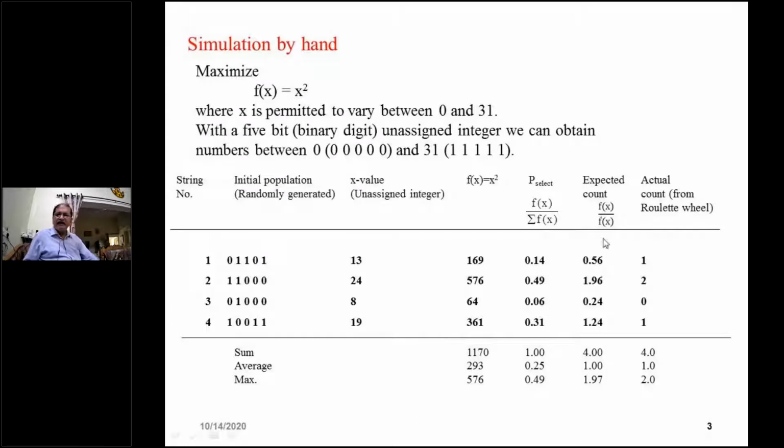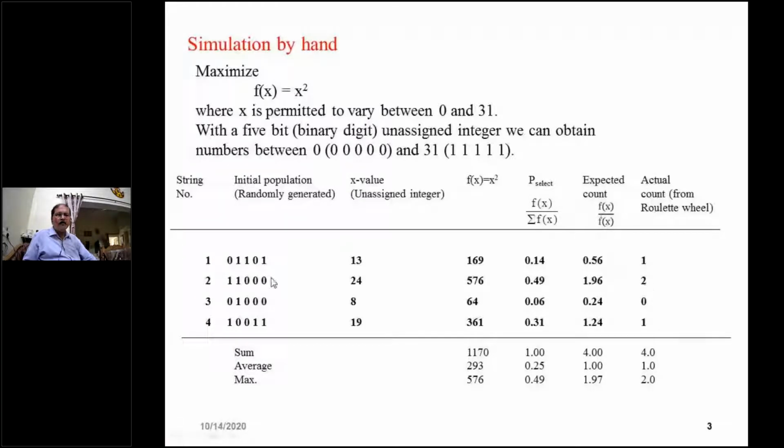The first string has an expected count of 0.56, so one copy of this string will be taken to the next generation. So we have given the actual count as 1. Then this string, 11000, has an expected count of 1.96, so it is nearly approaching 2, and we have written 2.